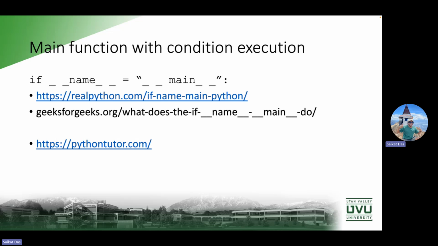And what does that mean by those three things? First, you know the conditionals, right? The if. And what's the name and what's the main? Name is a variable. By default, whenever you're executing a Python script, it calls the name variable. And what does it call? It calls the module.